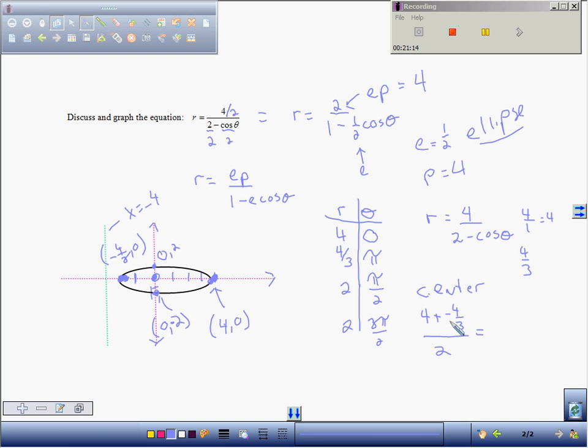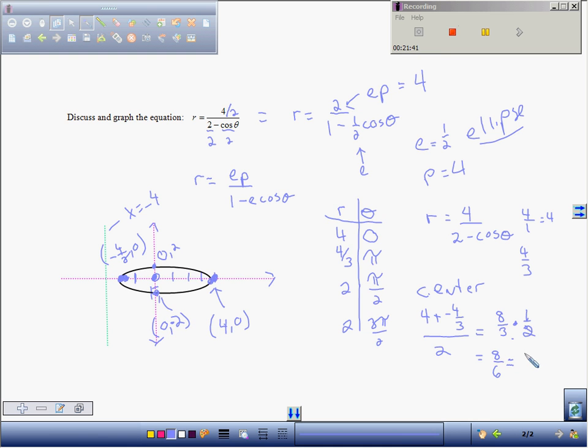So then you got to do some algebra. This is 12/3 minus 4/3 gives you 8/3. 8/3 divided by 2 is the same as multiplying by 1/2. So I get 8/6. Did I do that right? Yes.